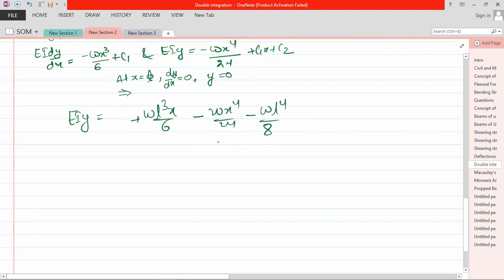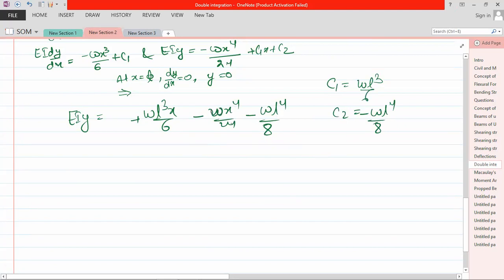So you can see that the constant C1 is w L cube by 6 and your constant C2 is minus w L to the power 4 by 8.